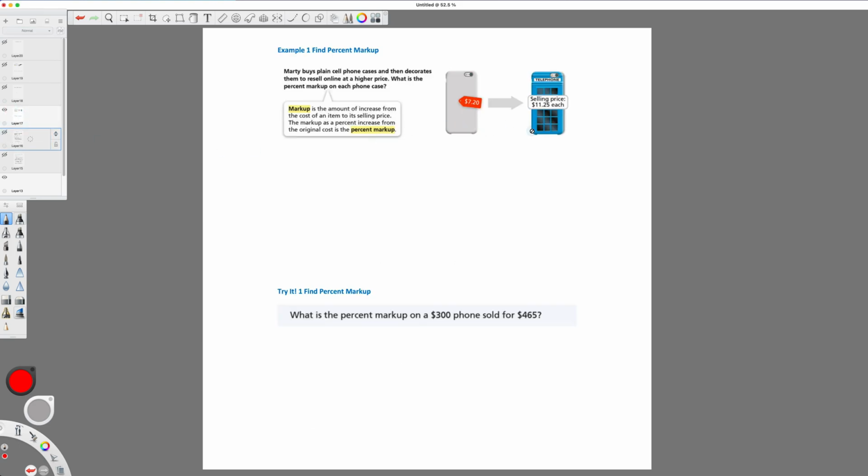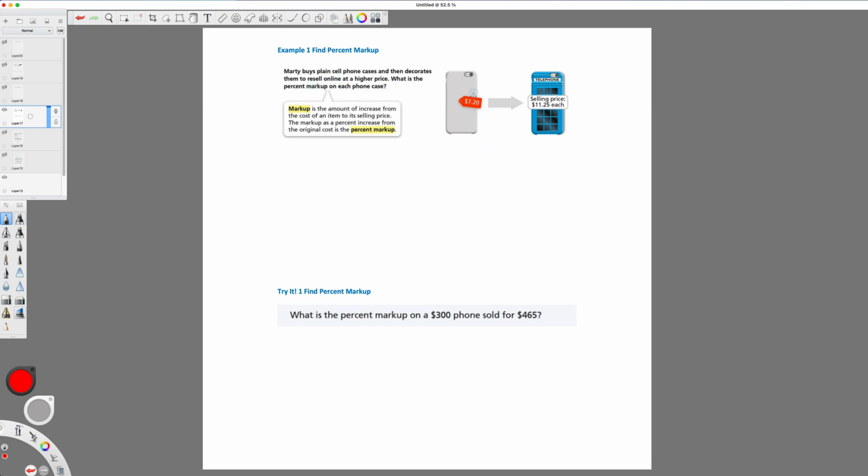So here we go. This first one is about a cell phone case. So let's make sure we understand the situation first. Marty buys plain cell phone cases and then decorates them to resell online at a higher price. What is the percent markup on each phone case?